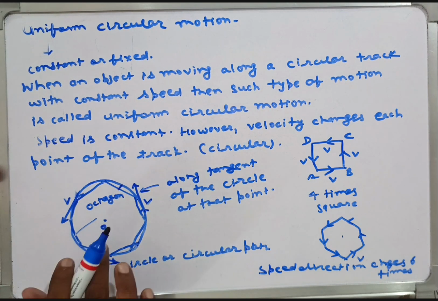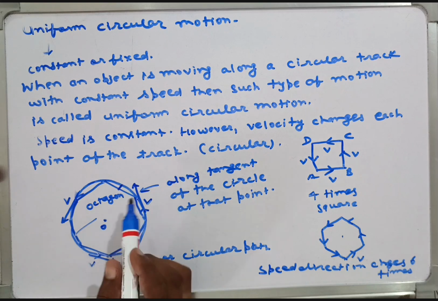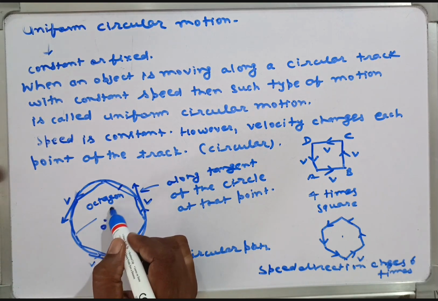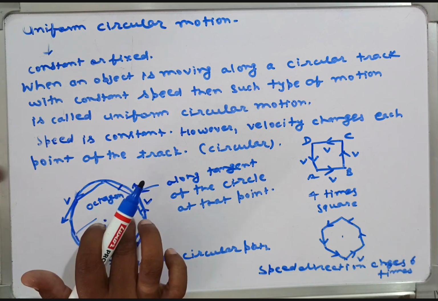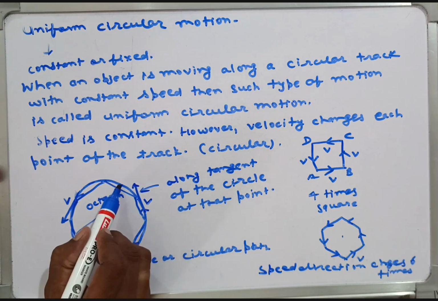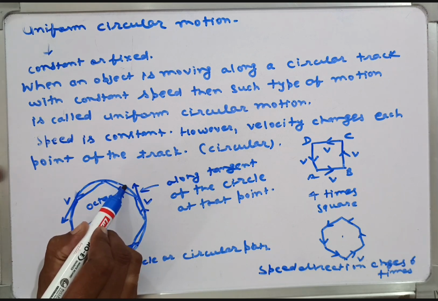Once you increase the number of sides of the regular polygon enough, it becomes part of the circle.